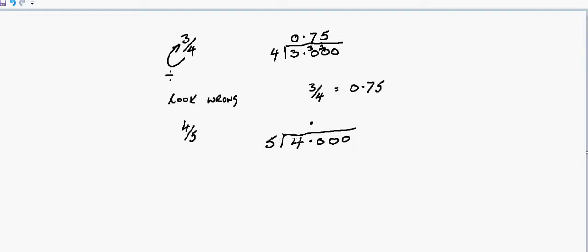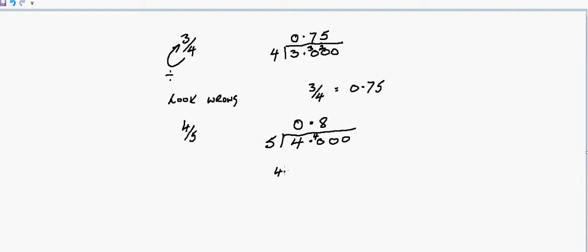Now 5's into 4 doesn't go. Okay, and because it looks wrong, you will always get 0 point, which is what we know should happen. So the 4 gets carried across. So now we've got 40. So how many 5's in 40? 8.